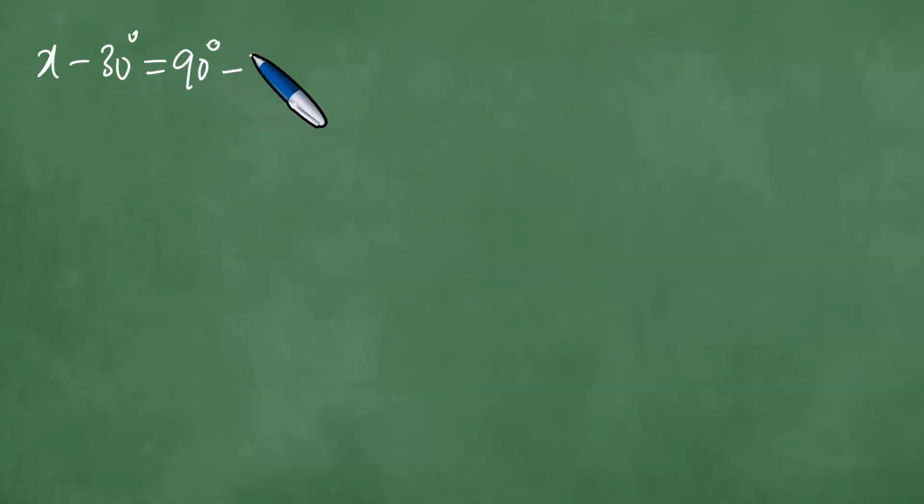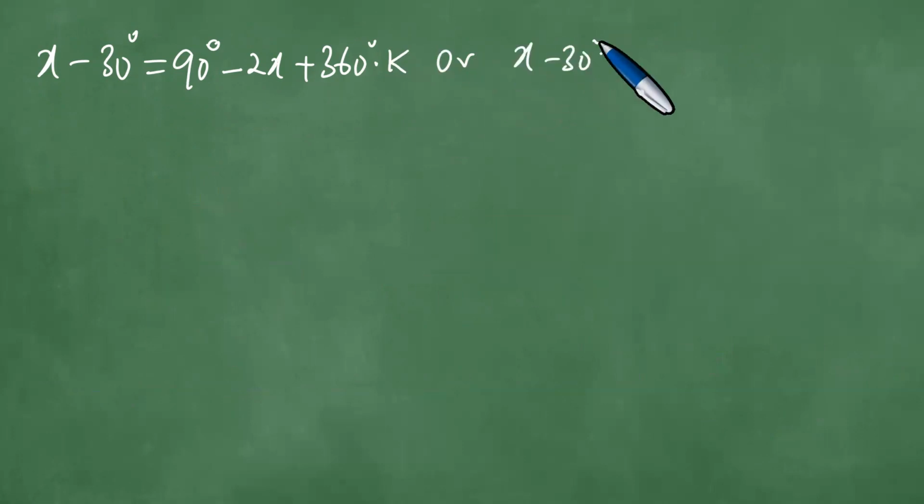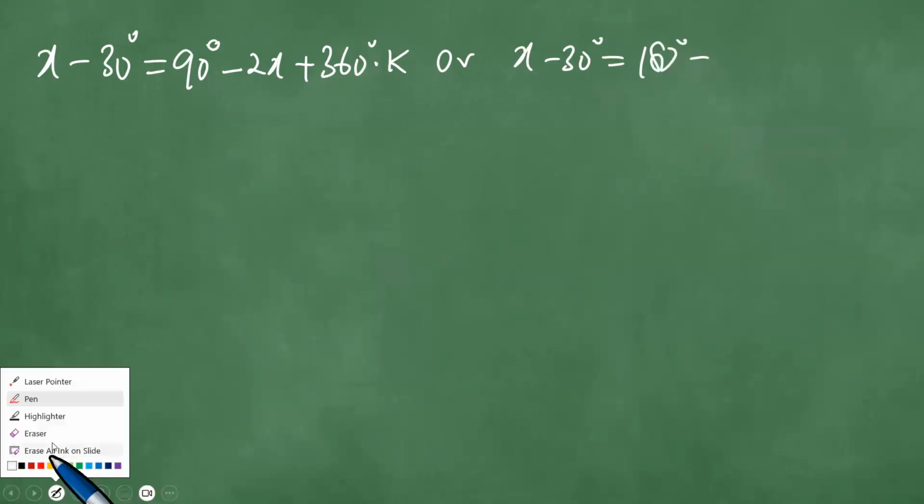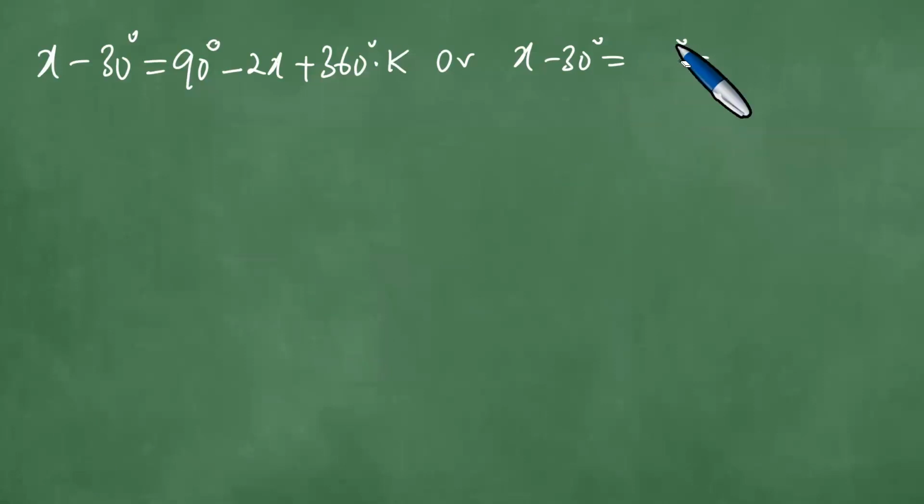So which means that we have x minus 30, which is 90 degrees minus twice x plus 360 degrees times k, or we have x minus 30 degrees is equal to 180 degrees minus, because we're dealing with the second quadrant.